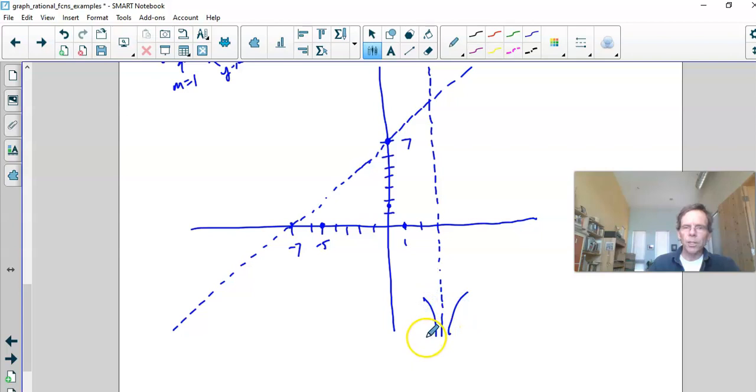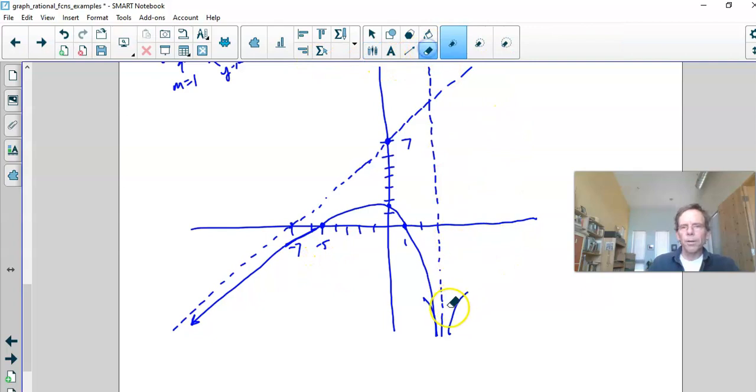We don't know which, but I can guess that on the left side it's got to come up and go through the x-intercept, through the y-intercept, and then back down through the other x-intercept and get closer and closer to the slant asymptote and never cross it, right? We found out that it never crosses it.